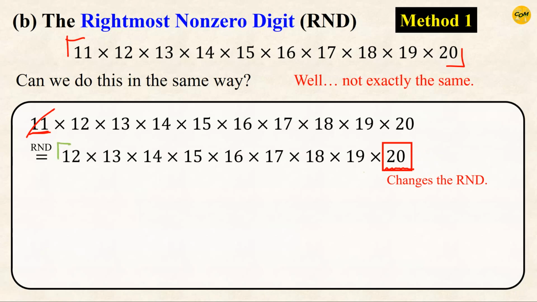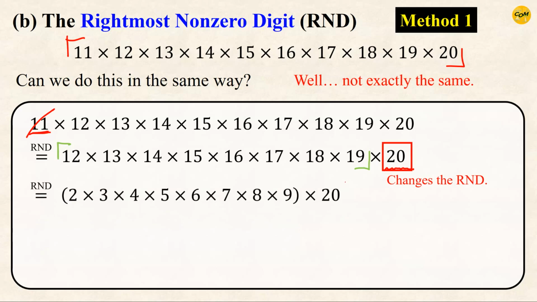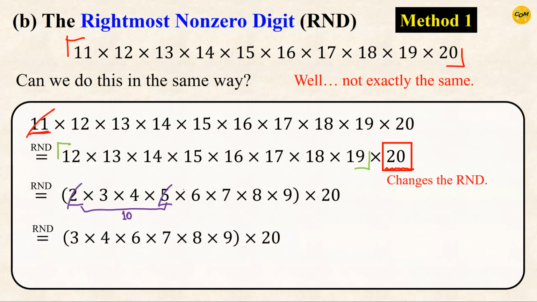Now what about the remaining part? Surely we can do the same thing as before, right? I mean, we can just take rightmost digits, and since this 2 times 5 gives 10, they can be eliminated, so it gives something like this, which again gives this, right? Well, no. Here, the problem arises because of this sneaky 15.